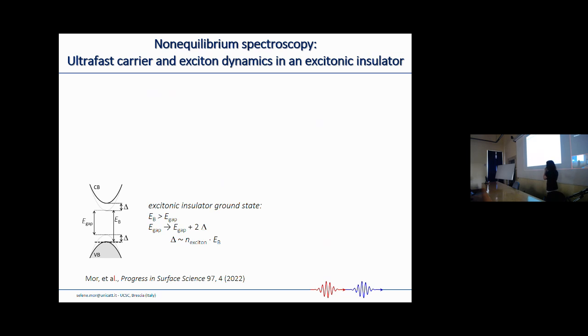The basic idea of an excitonic insulator is that you start from a semiconductor or a semi-metal, and if the binding energy of your exciton exceeds the size of your fundamental electronic band gap, then exciton formation can potentially occur without any external stimuli, because it's energetically favorable.